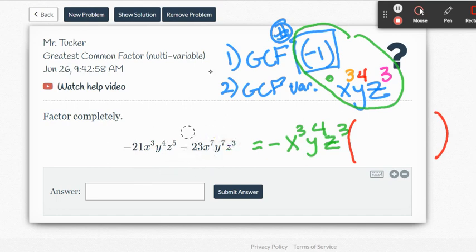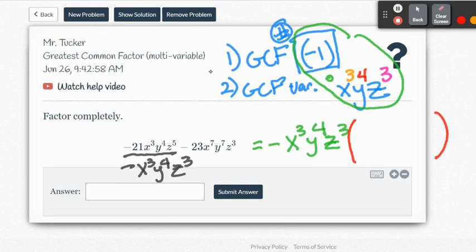So let's work it one term at a time. So divide the first term by a negative x to the third, y to the fourth, z to the third. The negative divided by negative is just a positive 21. So I'm going to bring that over here. Positive 21. And then my x to the thirds reduce out.